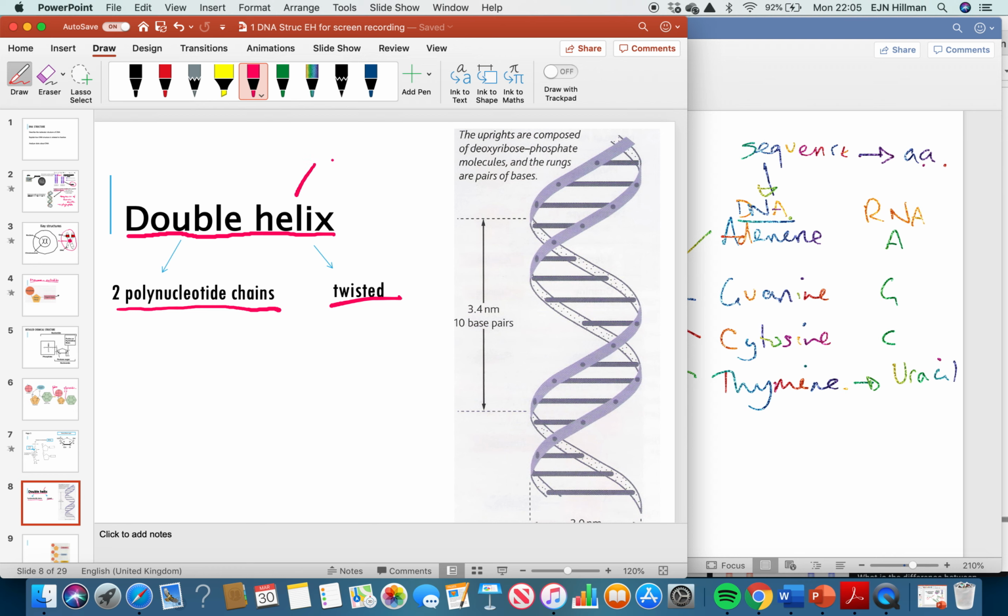Helix, that's really useful because it makes it condensed, i.e. it's smaller or compact for storage. We'll look at some of the other features of the double helix later on. Okay. Between those 2 strands are the pairs of bases.